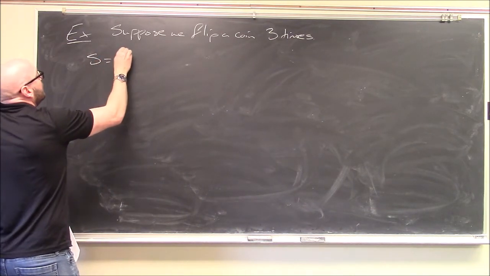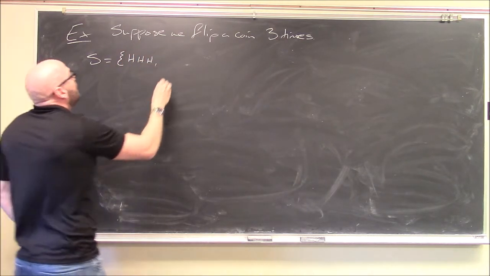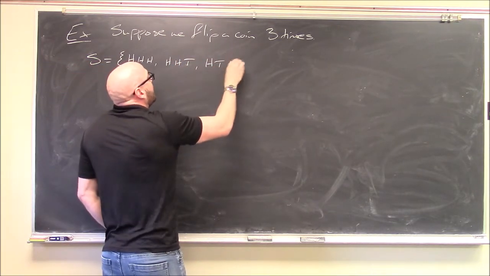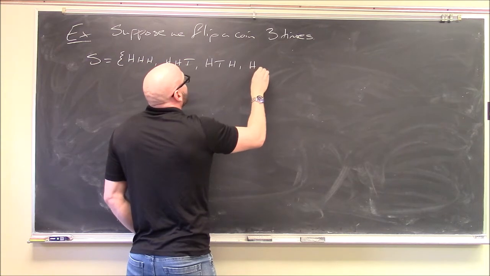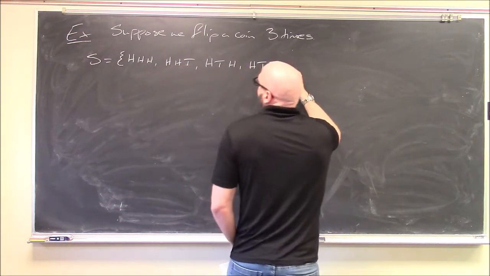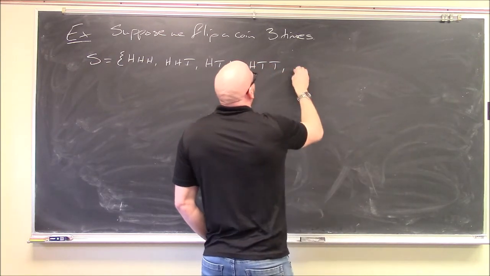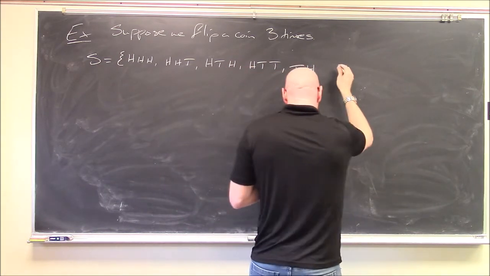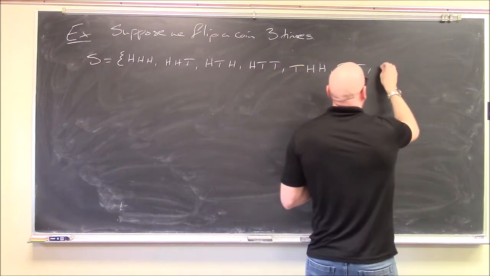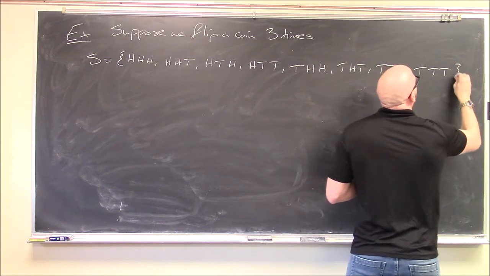Well, I either get heads 3 times in a row, so heads, heads, heads, or heads, heads, tails, or heads, tails, heads, or heads, tails, tails, or tails, heads, heads, or tails, heads, tails, or tails, tails, heads, or tails, tails, tails.